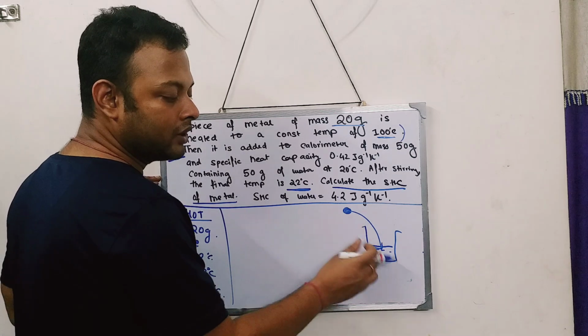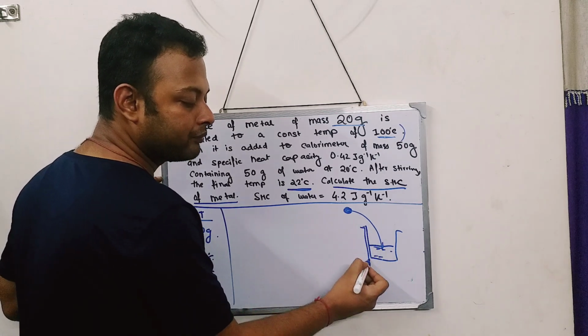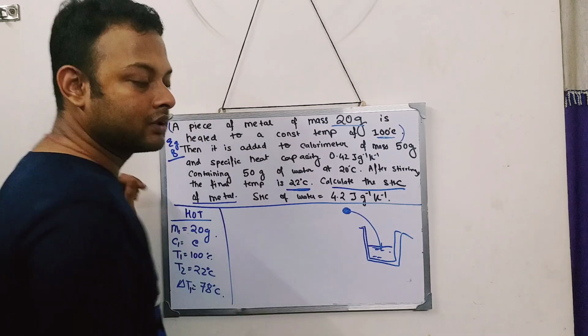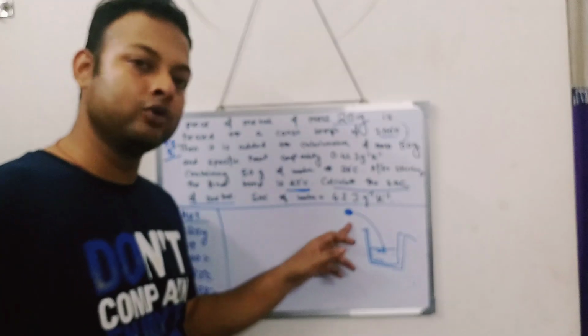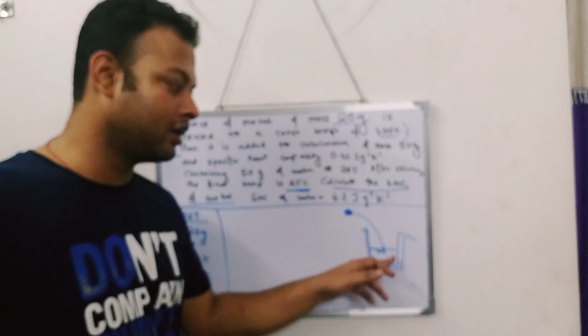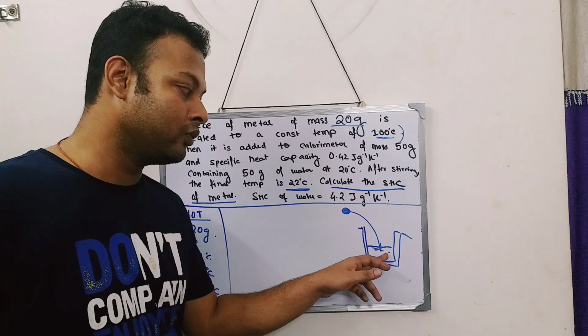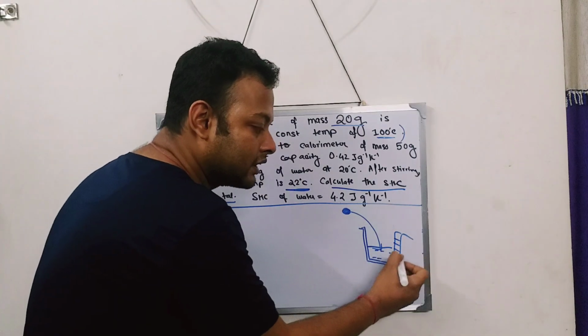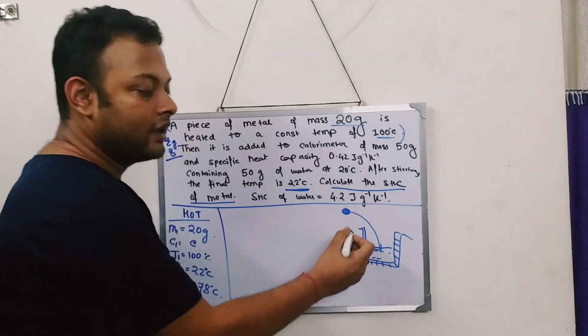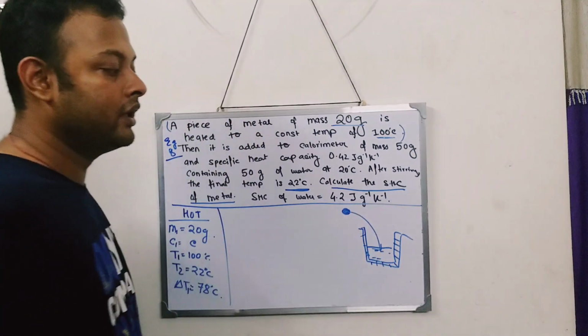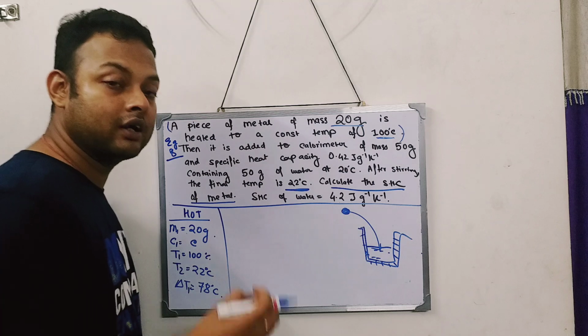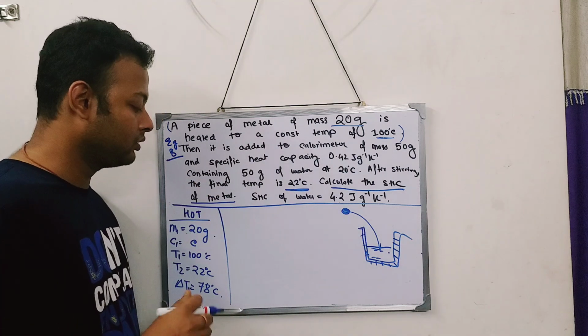If the hot body goes inside the cold body, what happens? This hot body will lose heat, and this water over here will gain heat. Along with the water, this calorimeter will also gain heat. So over here we have to consider the calorimeter also.